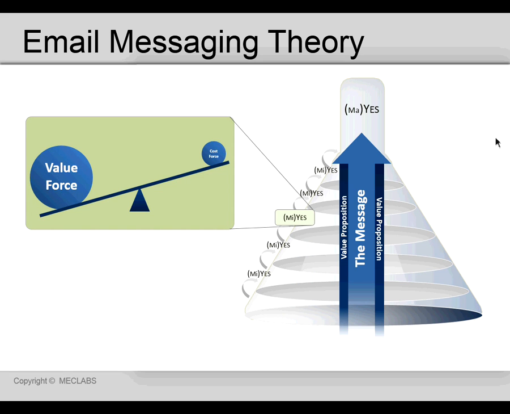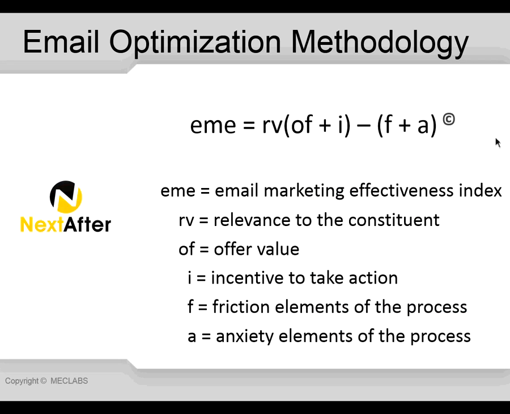And what's interesting thing to observe is it takes an unbroken chain of micro yeses in order to reach that macro yes, but it only takes one no to undo all of the previous yeses that we have won in our marketing. And so when it comes to testing messages and testing our value proposition, we actually have a formula that we can now follow.